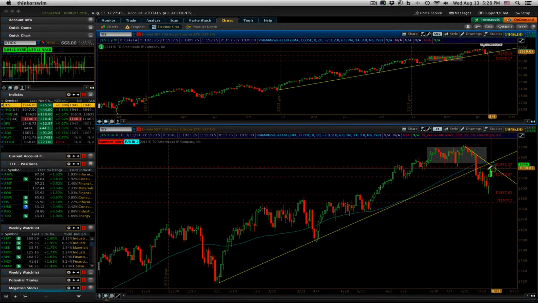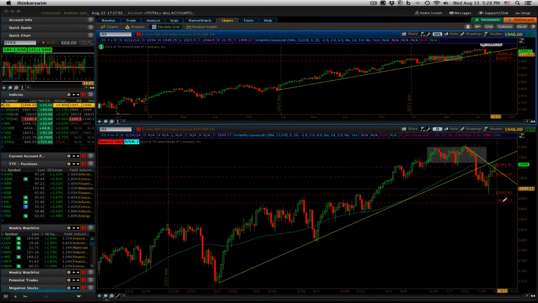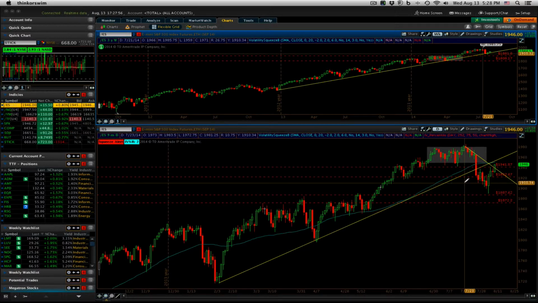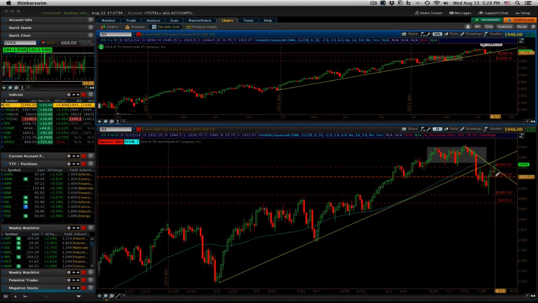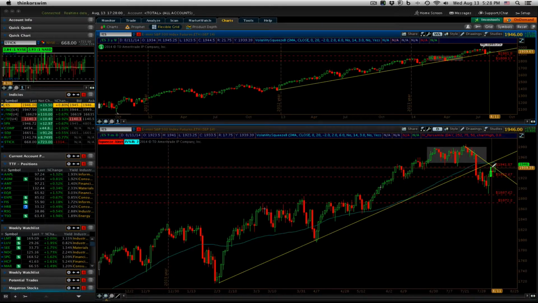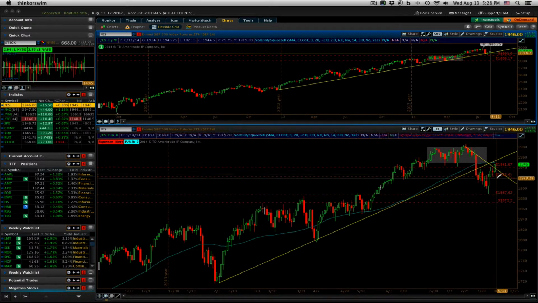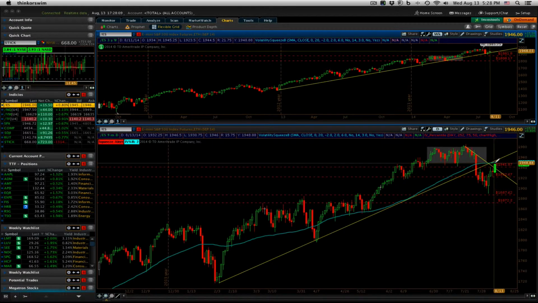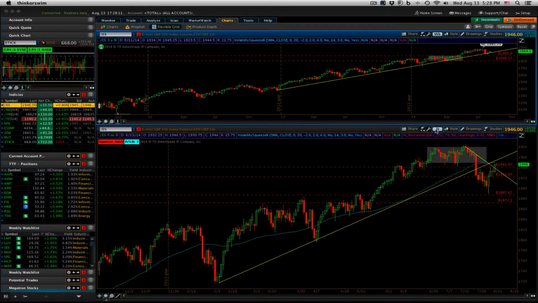When I tweeted out this morning, we had bounced off of those highs and we were starting to move lower. The ticks were starting to move lower, and at that point, I tweeted out that there were two resolutions I saw: either we were going to roll back over from this downtrend line, or we were going to push back through 1941 for an ultimate test of the underside of the 50-day moving average.